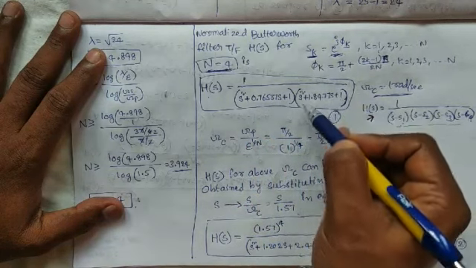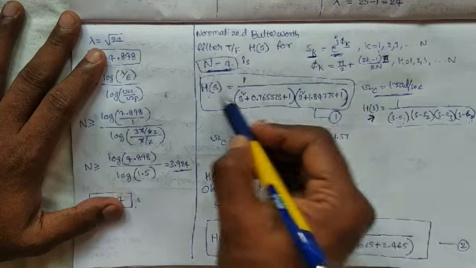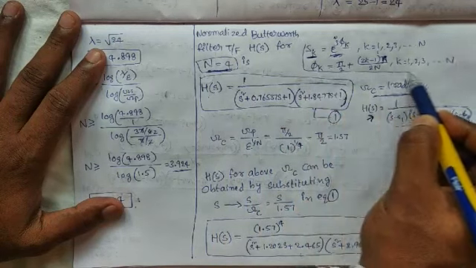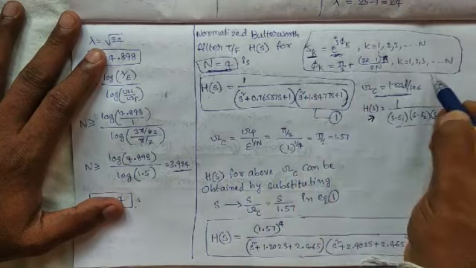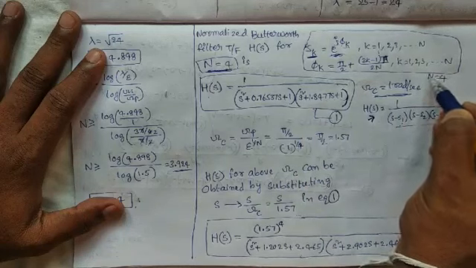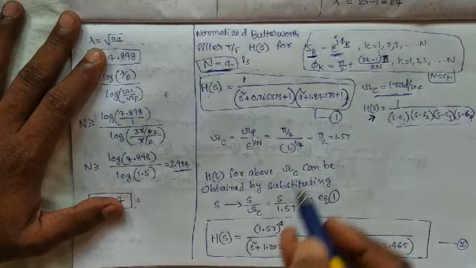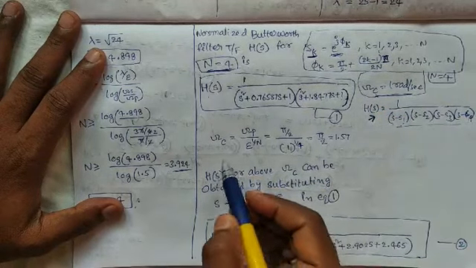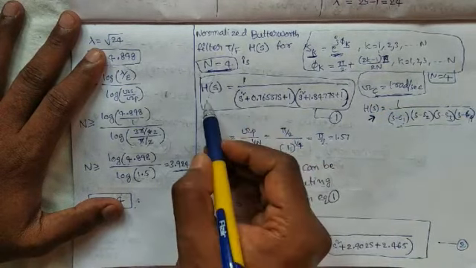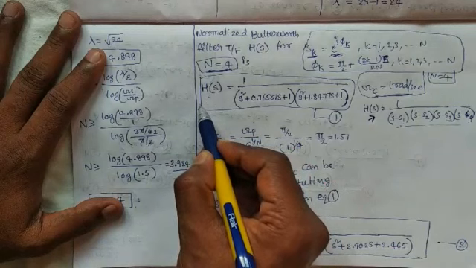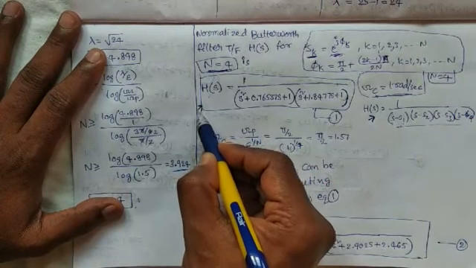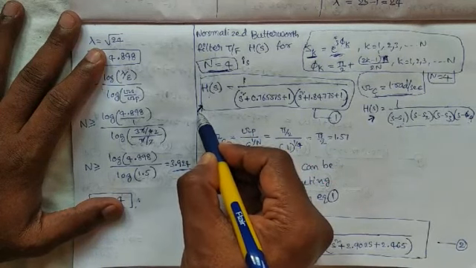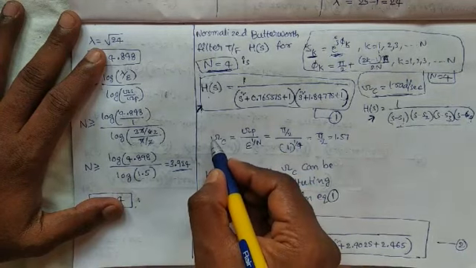Here we are determining the denominator of this H of s by using these formulas, corresponding to capital N equal to 4, for the normalized cutoff frequency. Here, after obtaining H of s, the normalized Butterworth filter transfer function, we are determining the cutoff frequency.